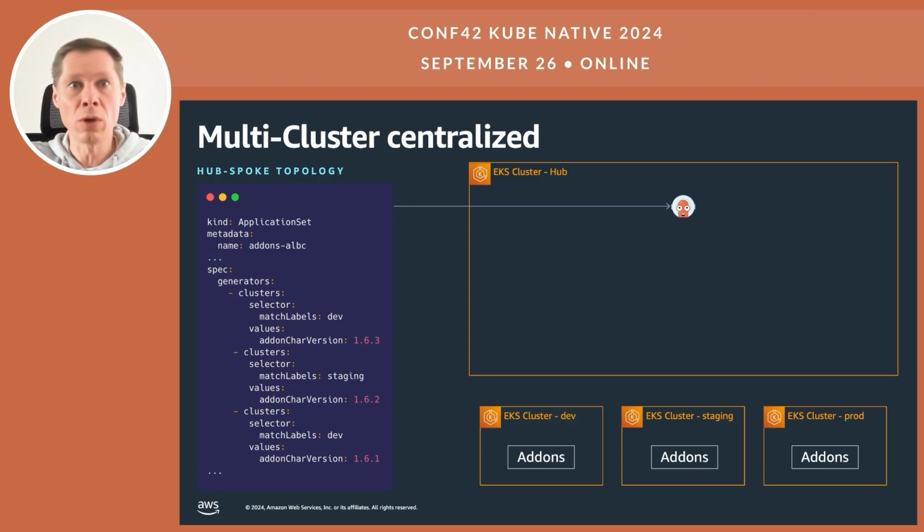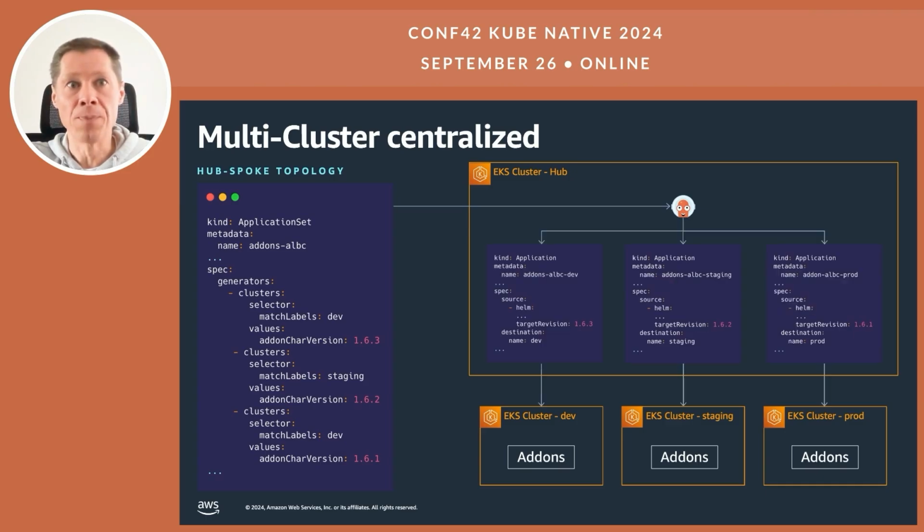ApplicationSets stored in Git will generate different applications in the hub cluster. We can also specify different add-on versions and other configuration by matching labels on the target clusters. Within the single repository, you can still control different versions to be deployed on different clusters, centralized in one location.